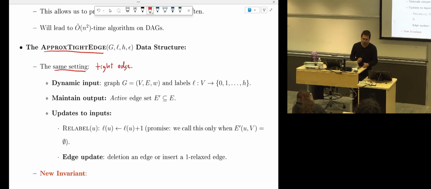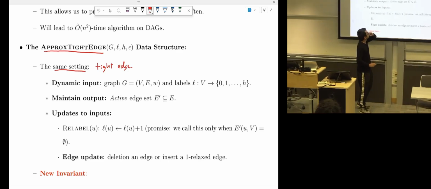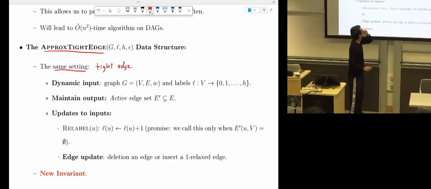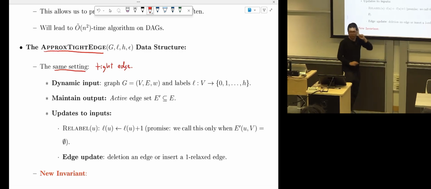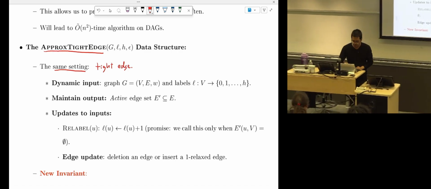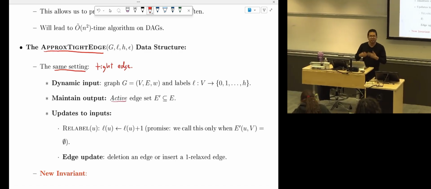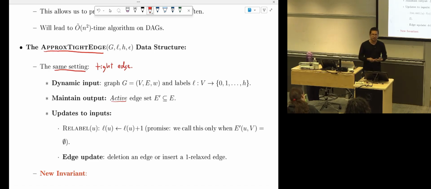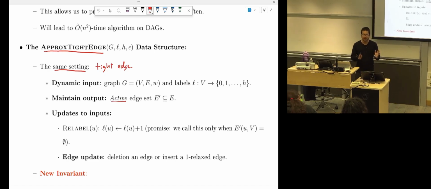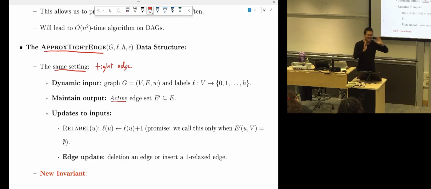In this setting, we have a graph G, and we have a label L. What we want to maintain is the active edge set, which intuitively you should think of as tight edges, or approximately tight in this case now. It used to be just the set of tight edges; now it's going to be approximately tight edges.